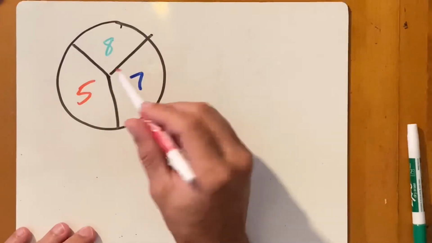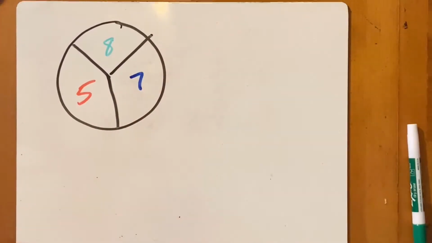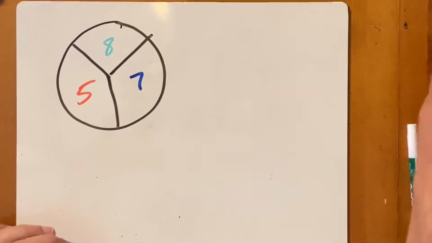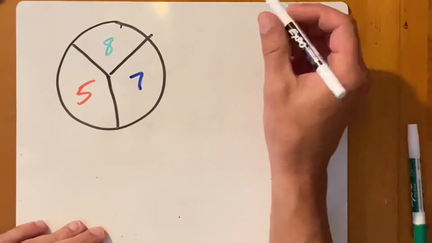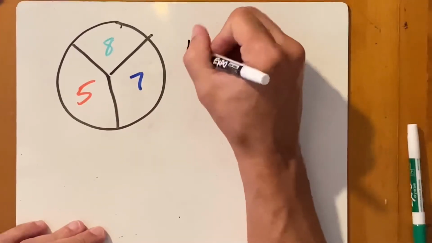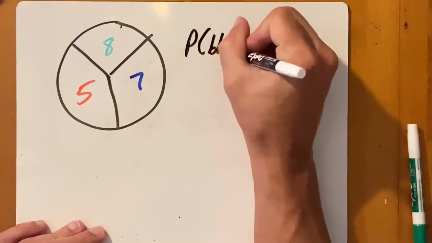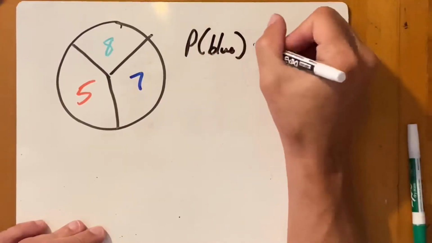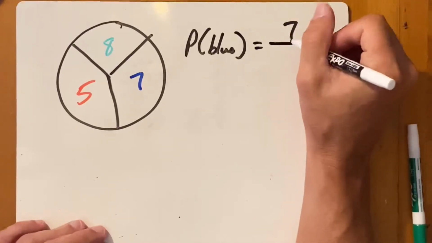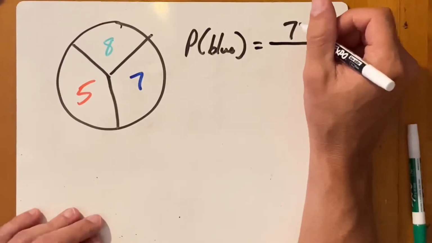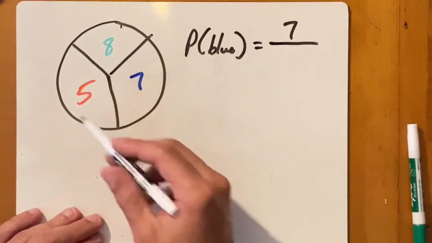Finding the probability says, what's the probability of the spinner landing on blue? We first need to figure out how many times it landed on blue. That's our frequency, and it goes on top. According to the table, it landed on blue 7 times. The bottom number, remember, is how many trials there were, in other words, how many times we spun.